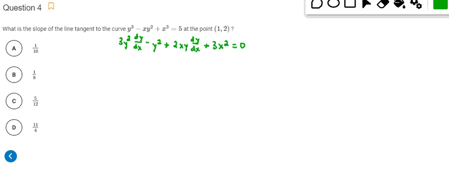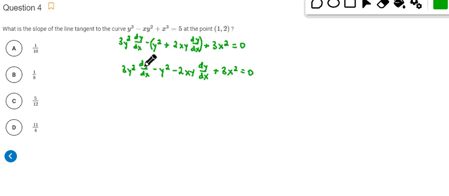Now we've got to be careful here. Put that in parentheses because we're saying minus taking all this derivative right here. So now that is going to give us 3y squared dy dx minus y squared minus 2xy dy dx plus 3x squared equaling 0.